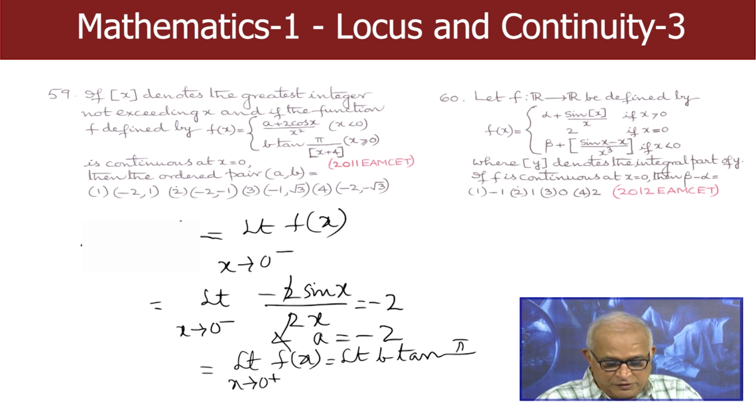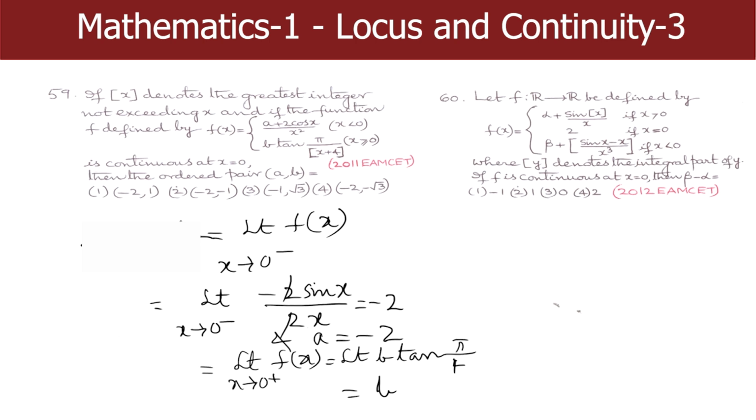What is the value of the limit of bracket x plus 4 when x tends to 0 plus? That is 4. So, that is equal to b. So, b must also be equal to minus 2. No way minus 1, maybe something is wrong; minus 2, maybe that may be the choice.